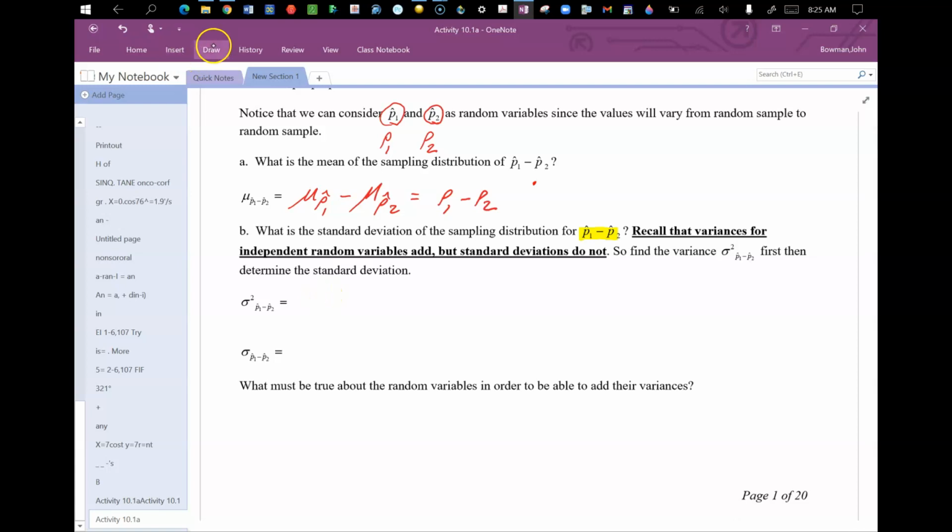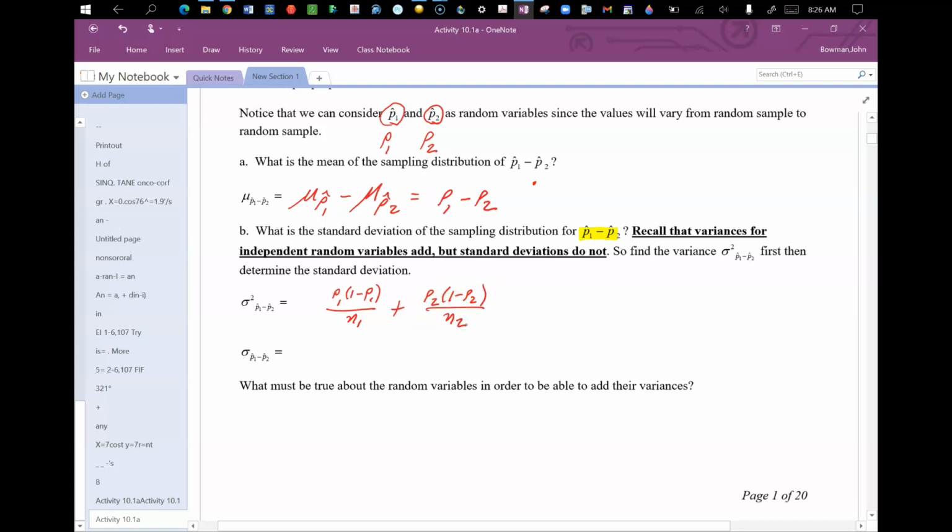So if you recall, for the sampling distribution of sample proportions from school 1, the standard deviation is the square root of P1 times 1 minus P1 over N1, but when we square it, the radical is going to go away. Similarly, the variance for the distribution of sample proportions from school 2 is going to be P2 times 1 minus P2 all over N2.